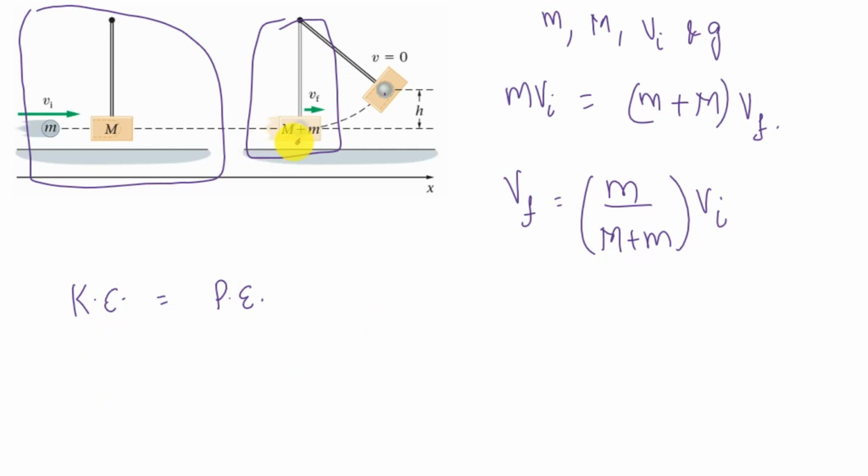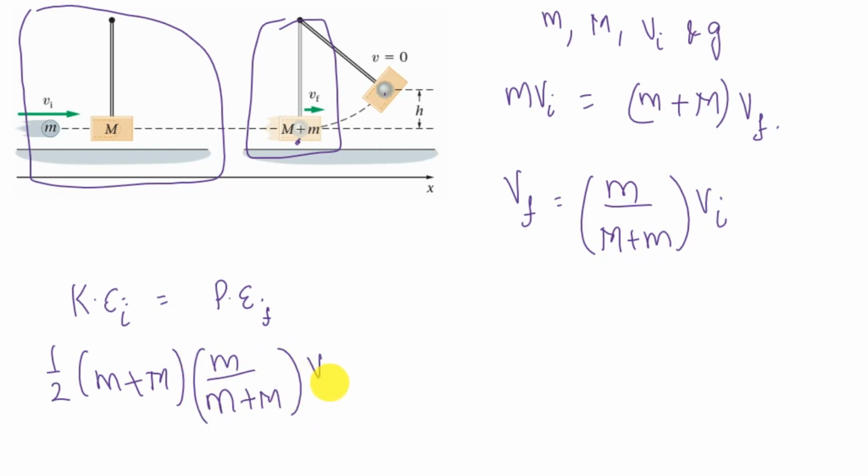The initial kinetic energy is half times the mass (m plus capital M) times V squared, that is m divided by (m plus capital M) times Vi, whole squared. This equals the final potential energy. At the top point, the kinetic energy becomes 0, so the potential energy of the system is (small m plus capital M) times g h. Simply we have used the conservation of mechanical energy and obtained this expression.